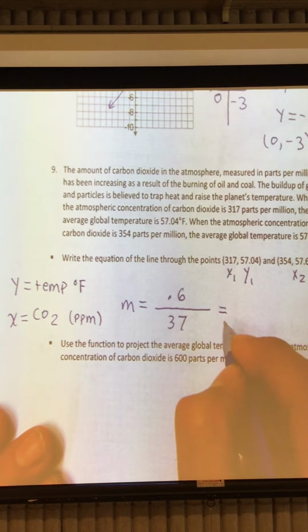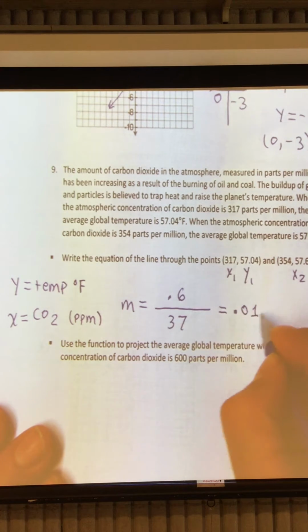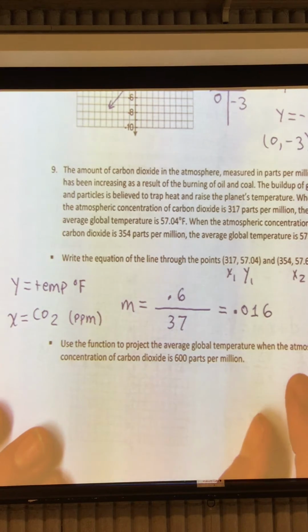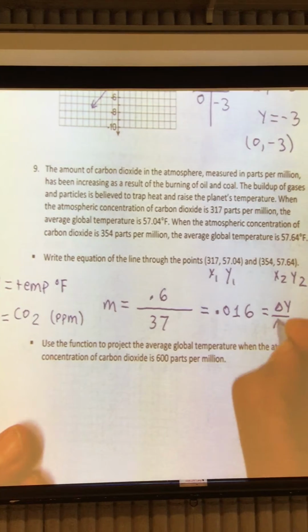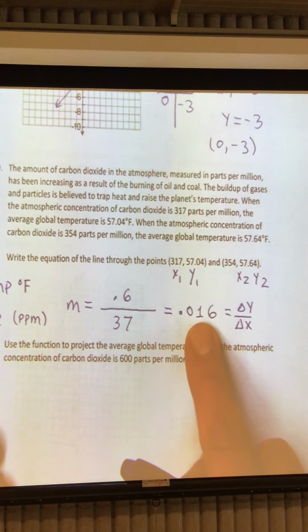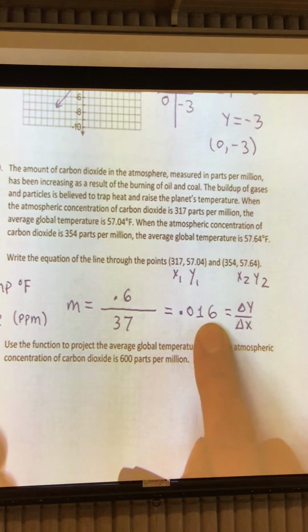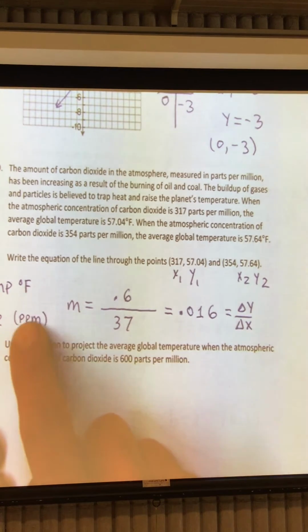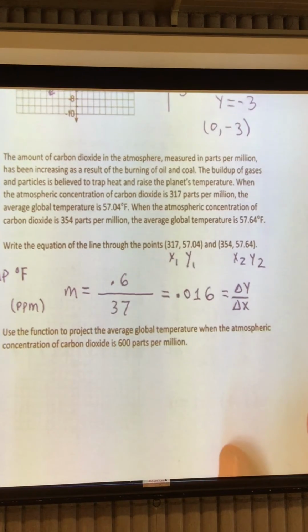And 0.6 divided by 37 is decimal 0.016. Note that the slope, which is the change in the function divided by the change in the variable, indicates that the average global temperature is changing in a positive way, which means it's increasing, by 0.016 degrees Fahrenheit per part per million of CO2 concentration.